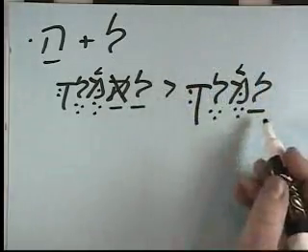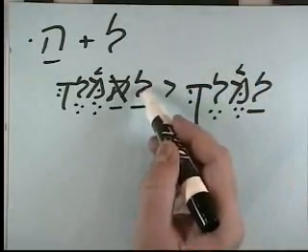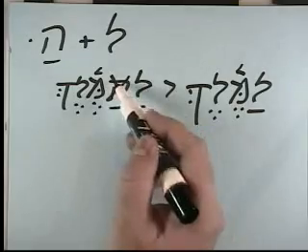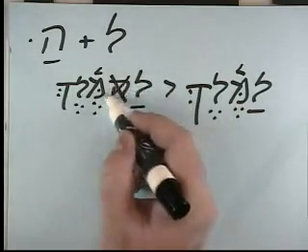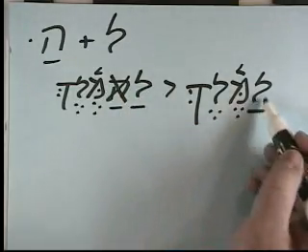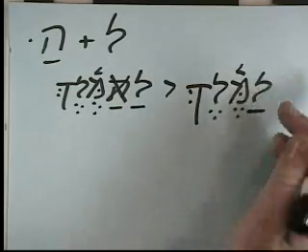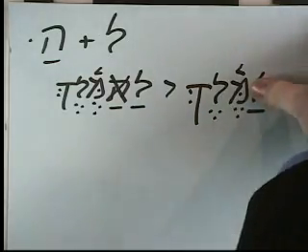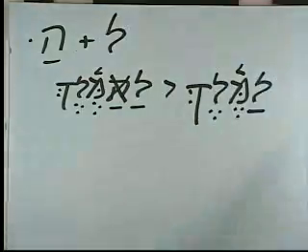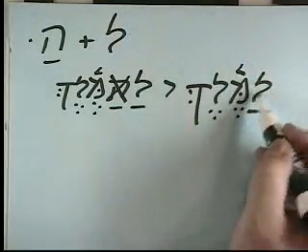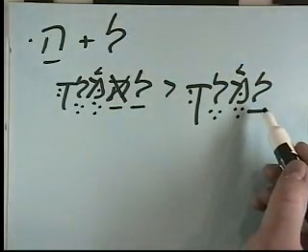And this is why we say that the lamed supplants the article and just takes over its vowel pointing. If we wanted to say Hamelech, it would just have the hey right here under my thumb. But the lamed supplants the article and takes over its pointing.